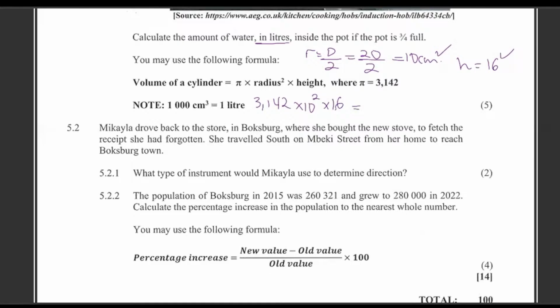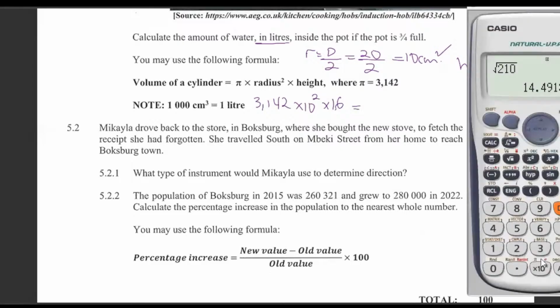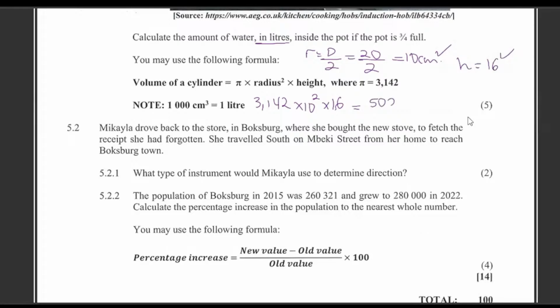So this is the same as 3.142 times 10 squared times 16. We have 5,027.2.